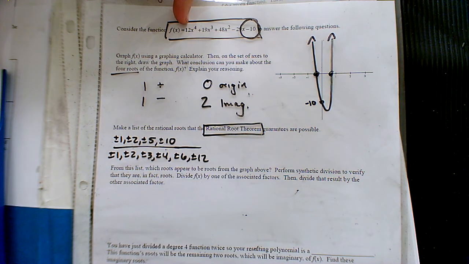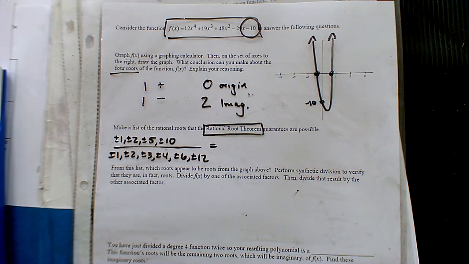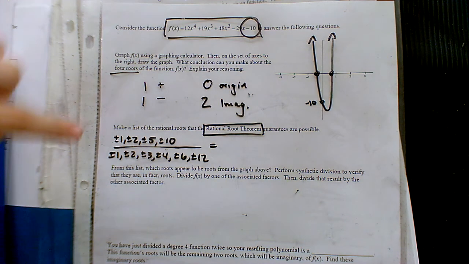There's going to be a lot. Yeah, okay, we'll take our time. Remember, we're not actually going to divide it, okay? We're going to kind of reason through which ones make sense.